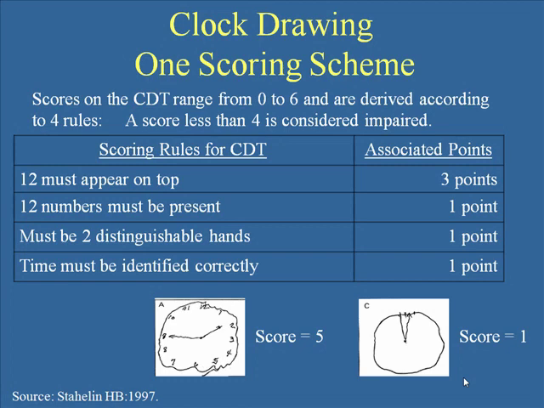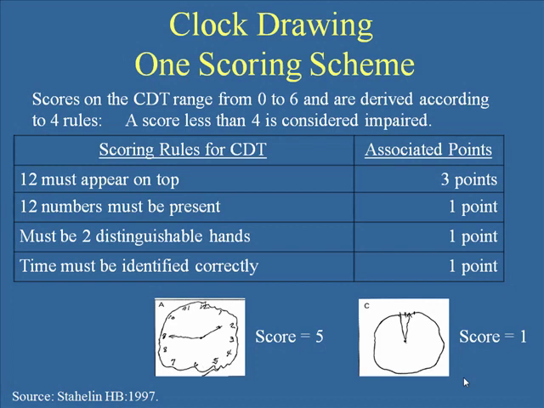So you can see that the clock draw test with this scoring scheme can range from 0 to 6. Okay? And a score less than 4 would be considered to be impaired. And here are the rules. For 3 points, the 12 must appear on the top.